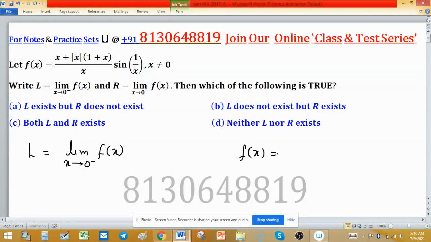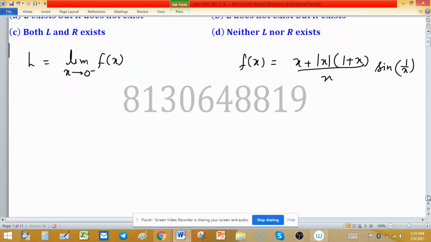So f(x) is given by the structure x plus mod x, and within bracket 1 plus x divided by x, and in the numerator you can consider sine 1 upon x. Whenever a mod function is involved, always try to resolve it for positive and negative values.